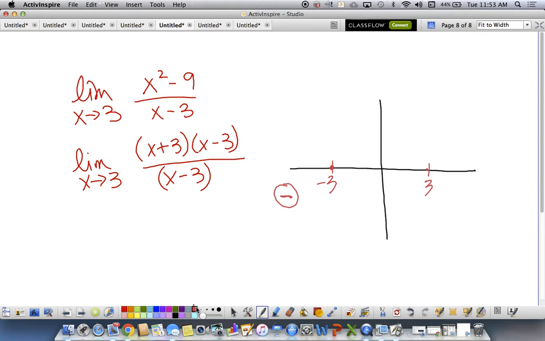Oh, we're doing this. Never mind. I'm kind of combining two things. That would be a hole. Between negative 3 and our next piece, which is a positive 3, you plug in 0. You have positive, negative, negative, which is going to be positive. After 3, you technically have 9 times 0 divided by 0, right?